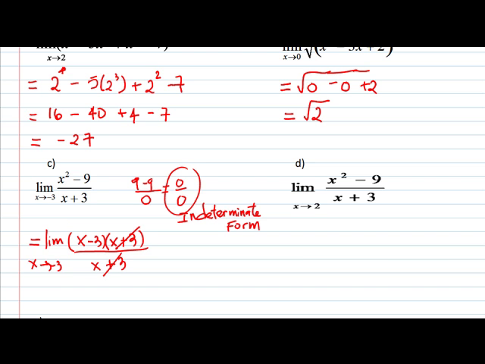This cancels out, so I will have the limit of x minus 3 when x goes to minus 3.